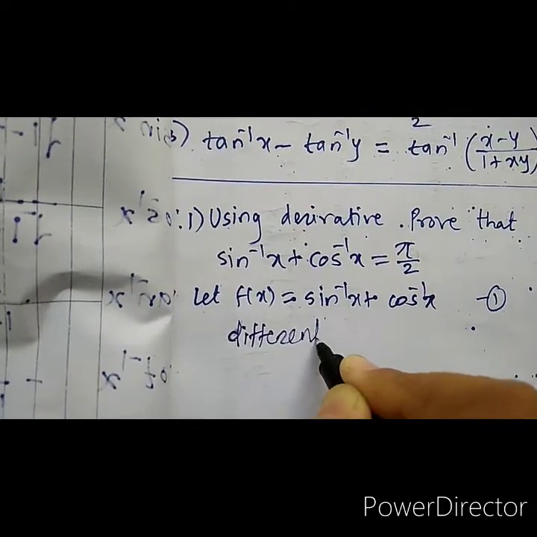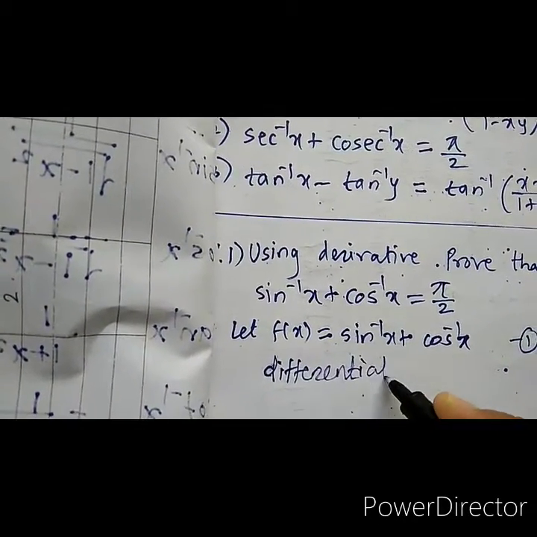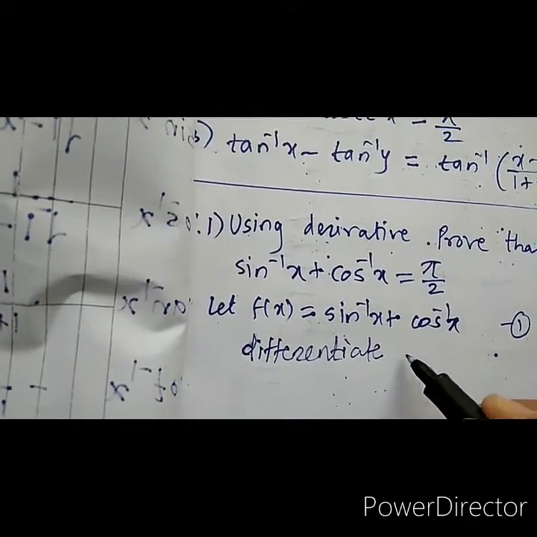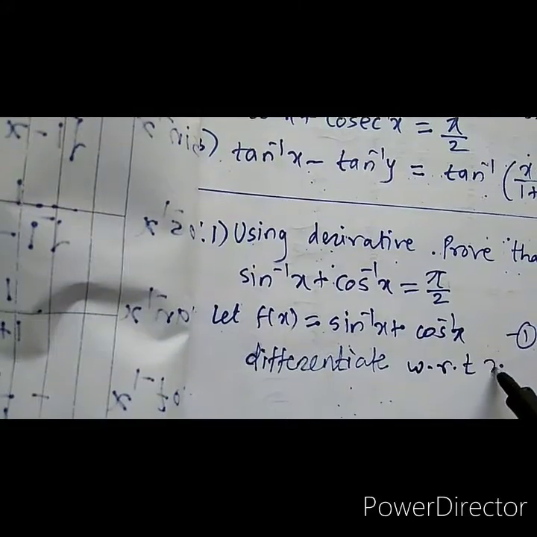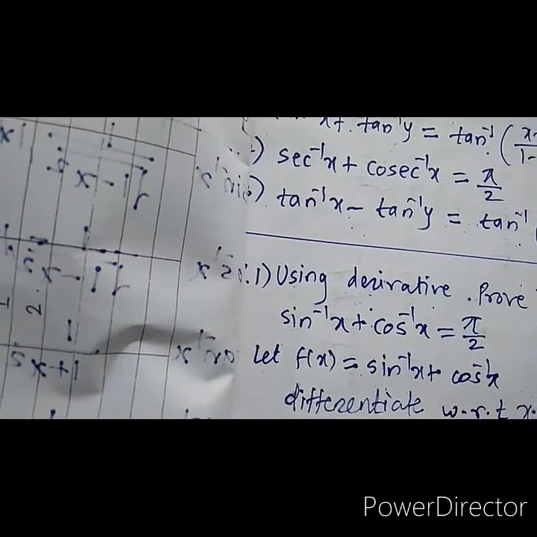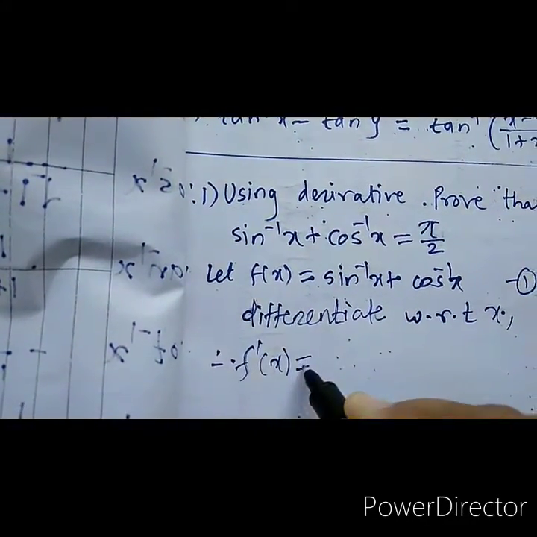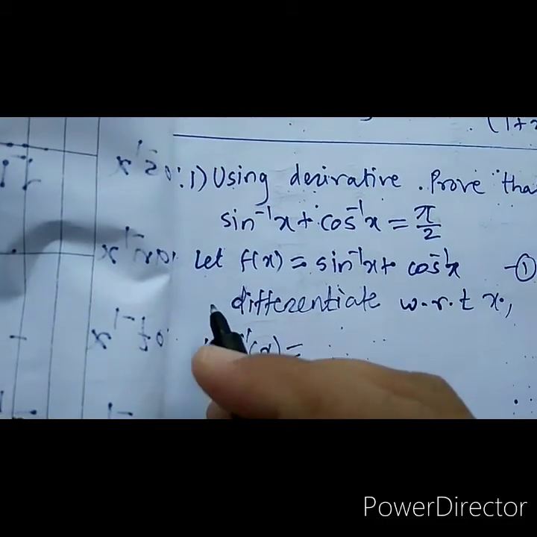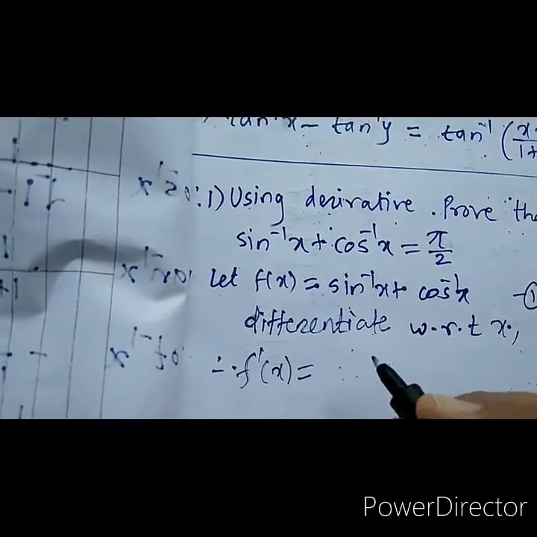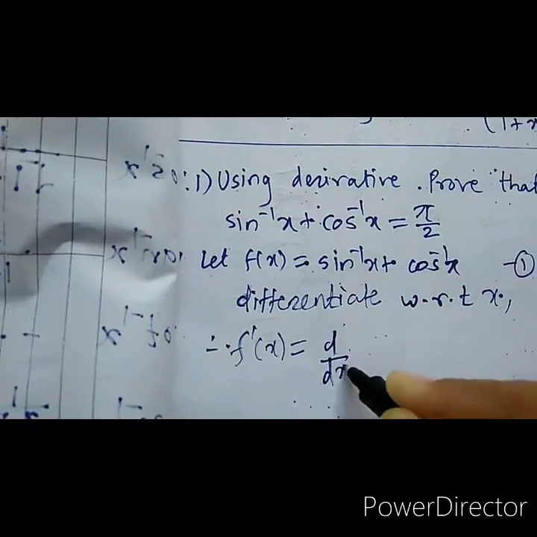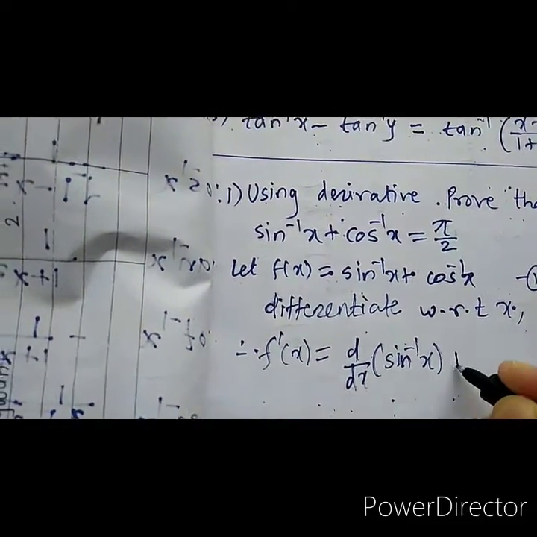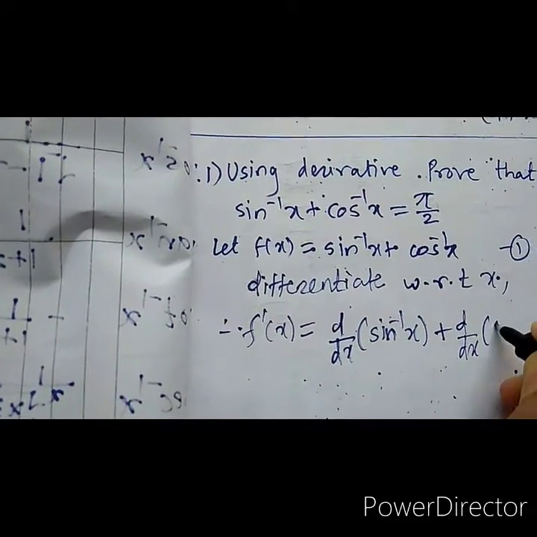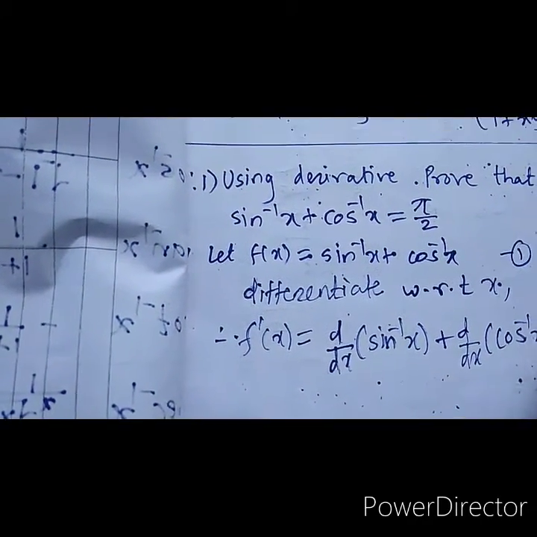Differentiate this function with respect to x. Therefore f dash of x, that is dy by dx, is equal to d by dx of sine inverse of x plus d by dx of cos inverse of x.